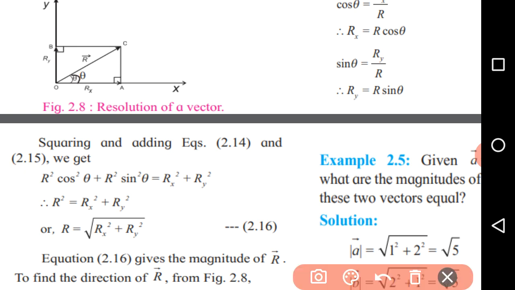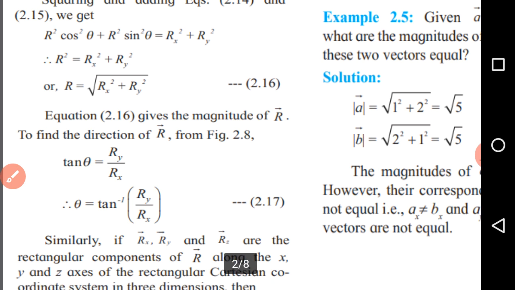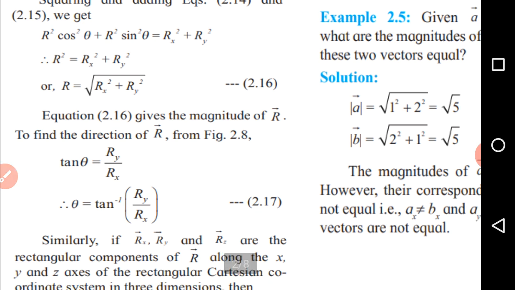And so the resultant R is nothing but the square root of Rx square plus Ry square. And one can find out the magnitude.